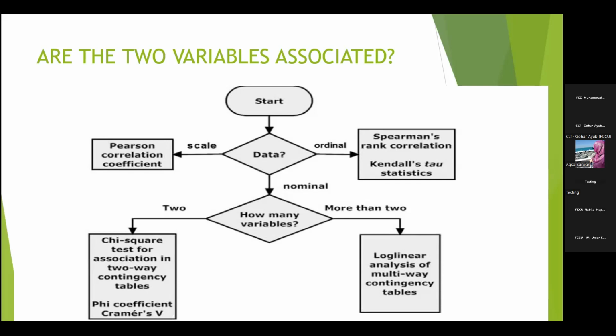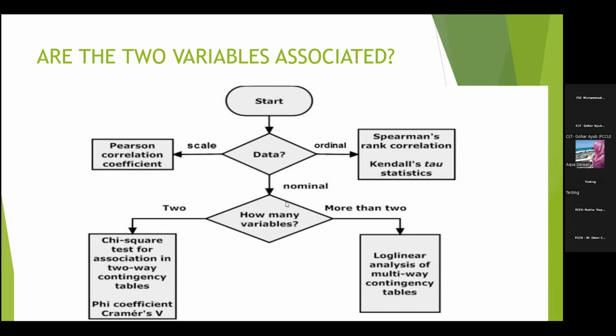For example, if we have a scale variable, then the Pearson correlation coefficient is a very good test to apply. If the data is ordinal, then we can go for Spearman's rank correlation or Kendall's tau statistics.